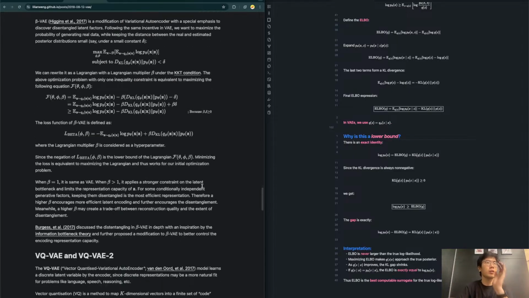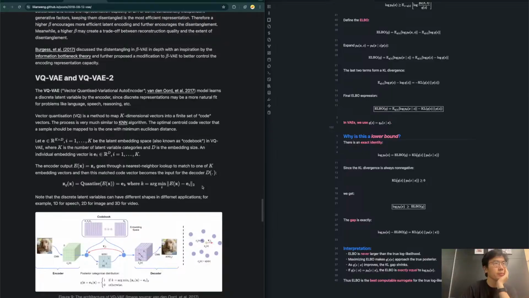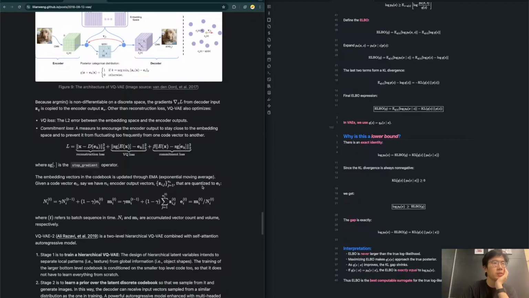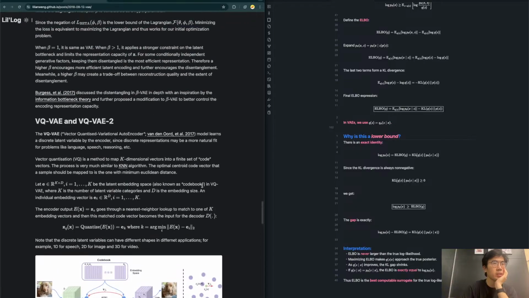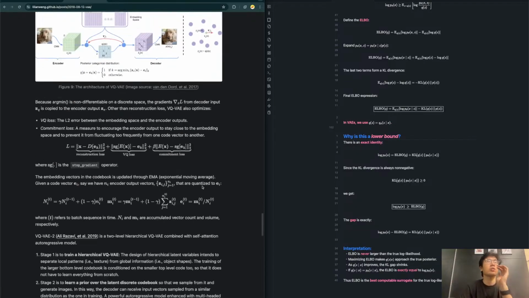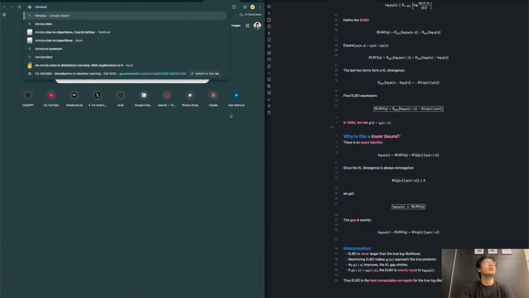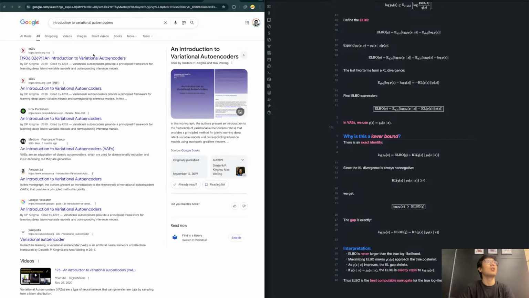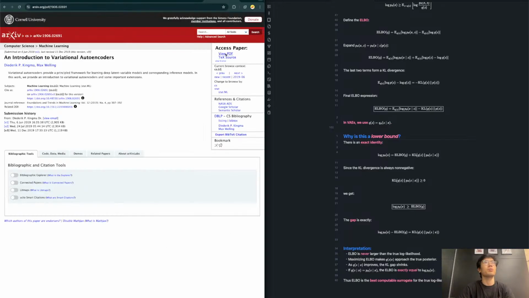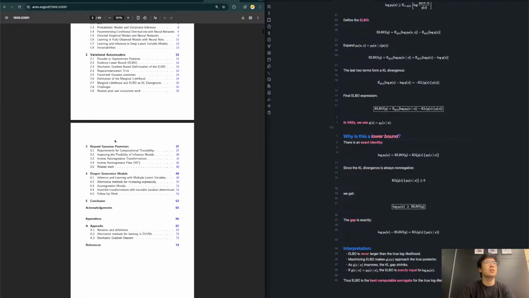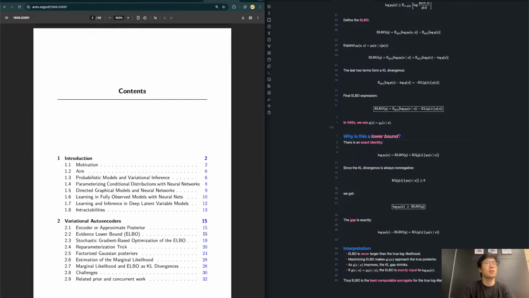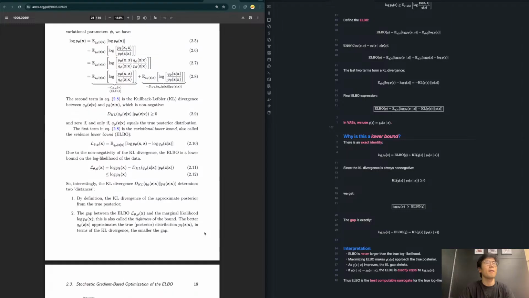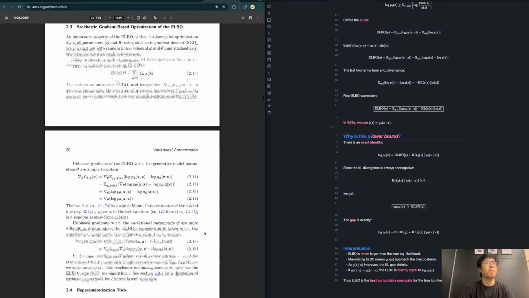Hopefully, understanding this gives you a lot of intuition and ideas on how people have done things. And VQ-VAE is essentially building on top of this variational inference. Yeah, I was reading this.